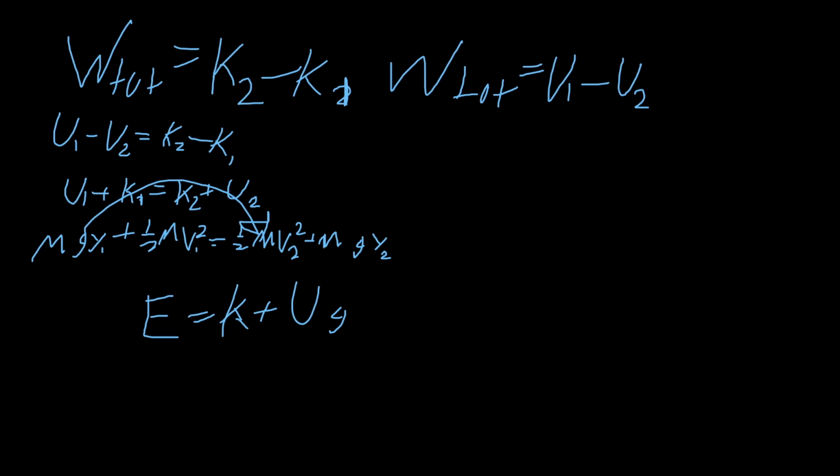And now that we have a good idea what this means, let's start with a practice problem from our textbook to implement this idea of the conservation of energy. So let's say you have a baseball right here and it's in your hand.